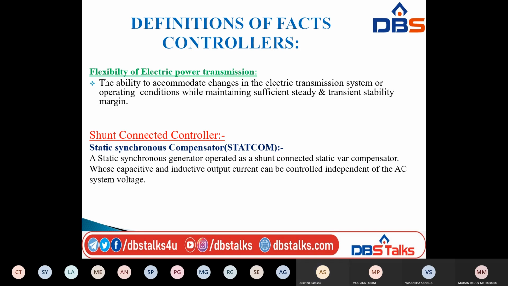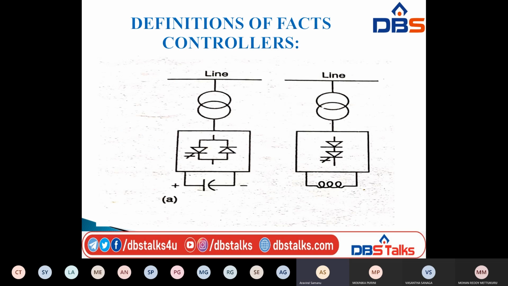Next, here we have the diagrams. First, here we have one line, and these two rounded shapes indicate the transformer. This is the transformer and this is the controller. Here I am using a shunt connected controller.